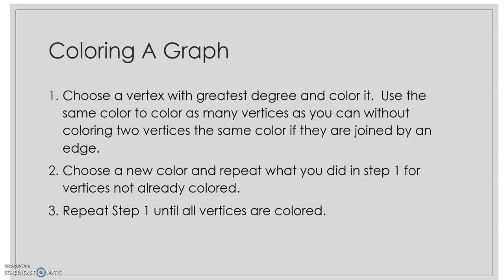Choose a vertex with greatest degree and color it. Use the same color to color as many vertices as you can without coloring two vertices the same color if they're joined by an edge. Choose a new color and repeat what you did in step 1 for vertices not already colored. Repeat until all vertices are colored.